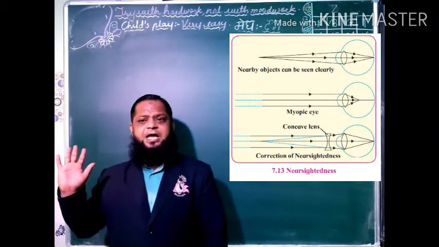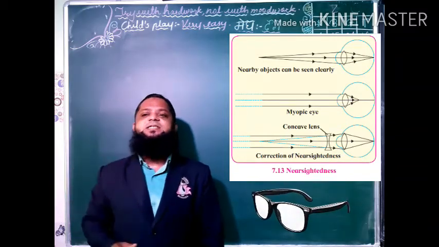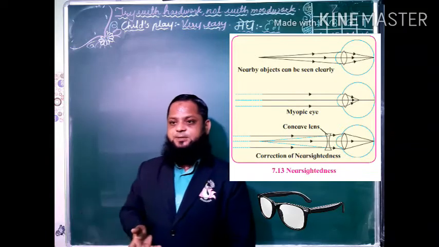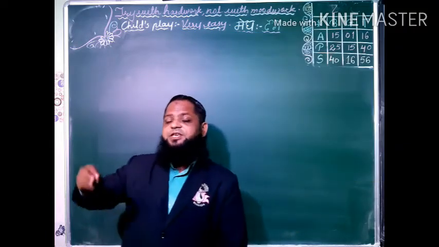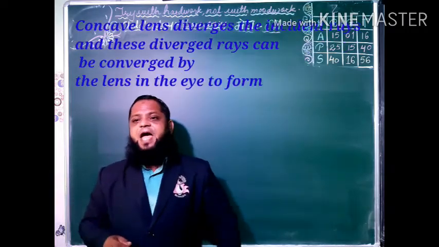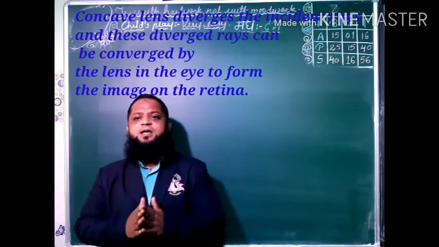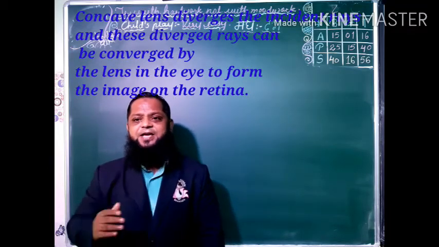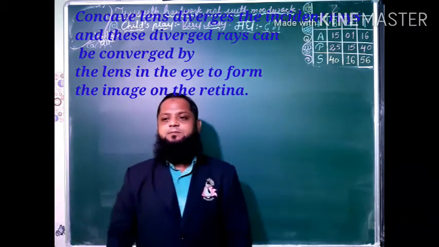This defect can be corrected by using spectacles with a concave lens of proper focal length. This lens diverges the incident rays, and these diverged rays can be converged by the lens in the eye to form the image on the retina.